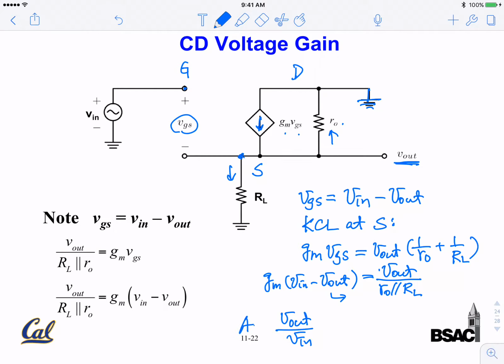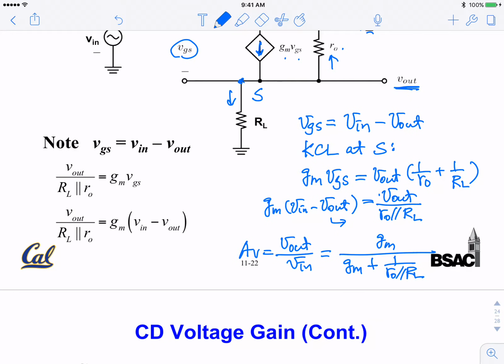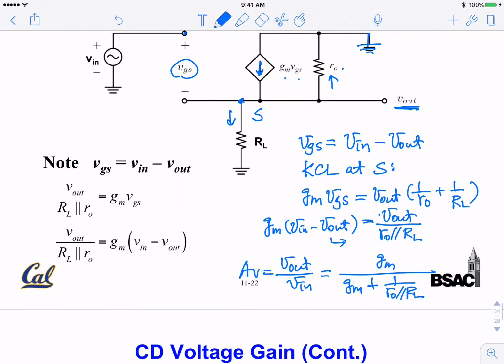This is your voltage gain. Jumping a few steps, here it will be gm divided by gm plus 1 over (RO parallel RL). So this will be the voltage gain of this circuit.